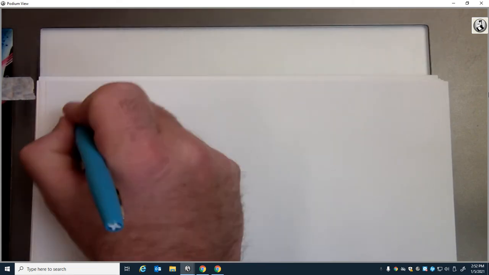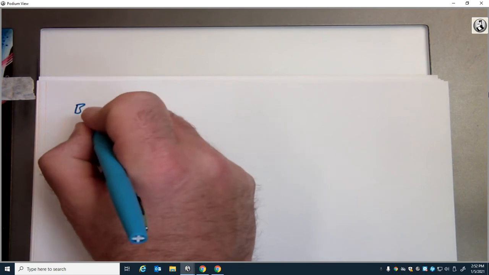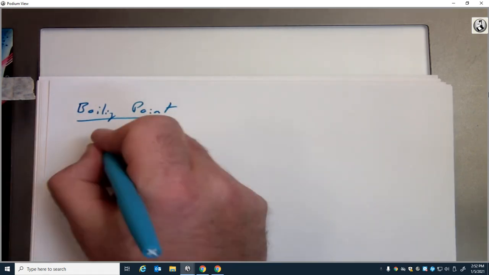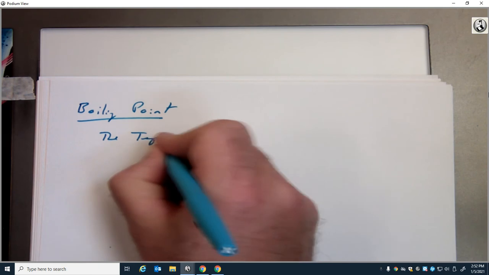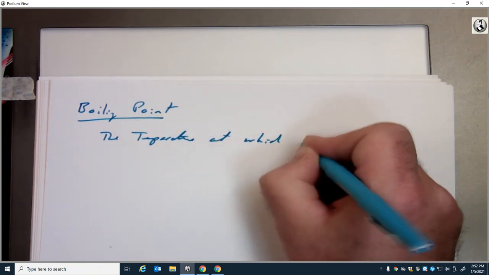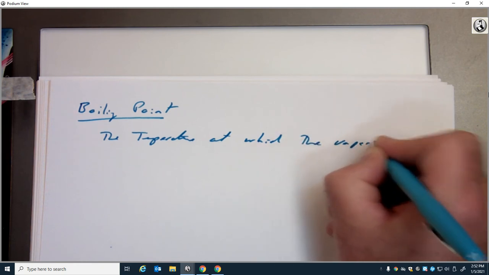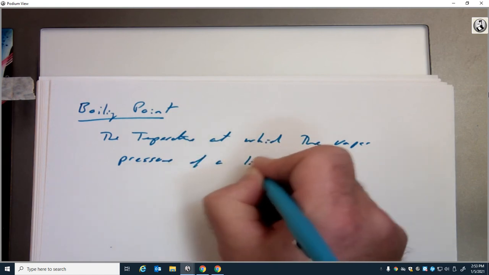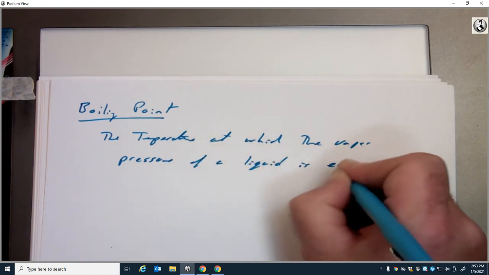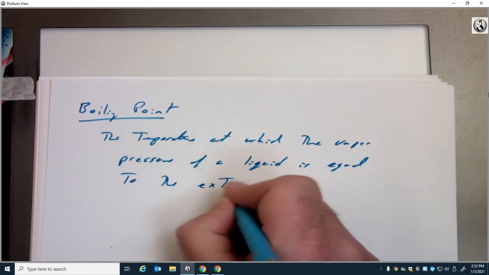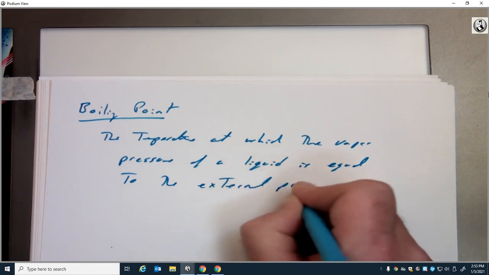So that brings us to what's called boiling point. The boiling point is the temperature at which the vapor pressure of a liquid is equal to the external pressure.